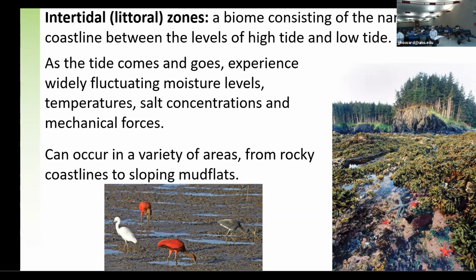Organisms that live high in the intertidal zone have to be adapted to drought functionally because they are only covered by water very briefly at the highest of high tides. As you move down in the intertidal zone, you get to fully marine species.